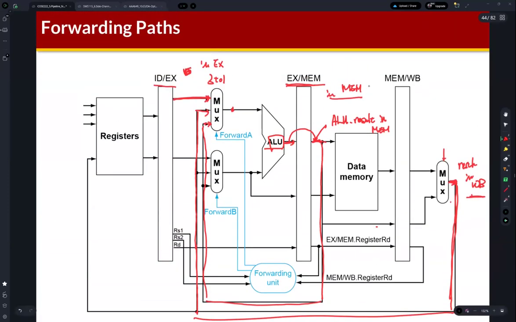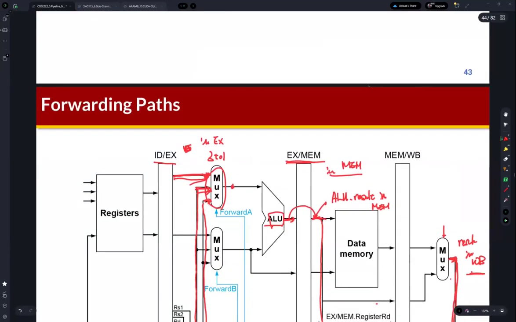So you can find that this multiplexer receives three inputs. This is the normal case, where there is no data forwarding. This is the forwarding from write back, and this is the forwarding from memory.